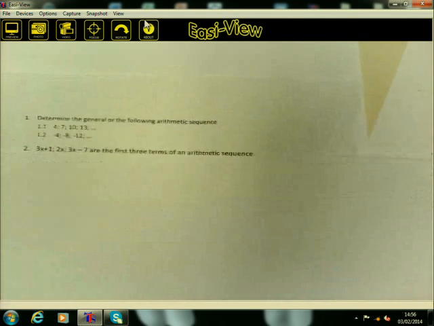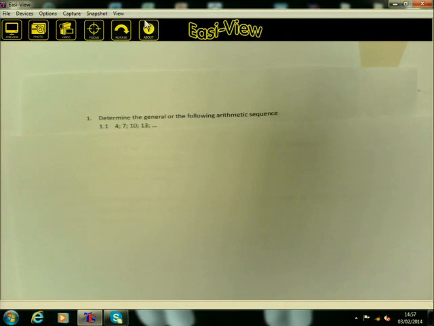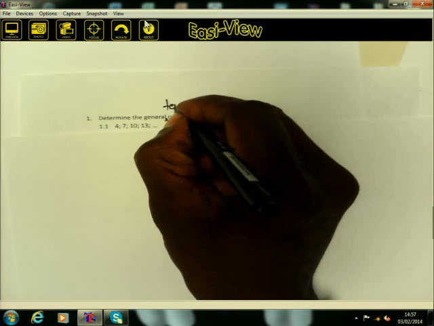Let's look at this question. Determine the general term of the following arithmetic sequence. The sequence is given as 4, 7, 10, 13, and then it continues to infinity.